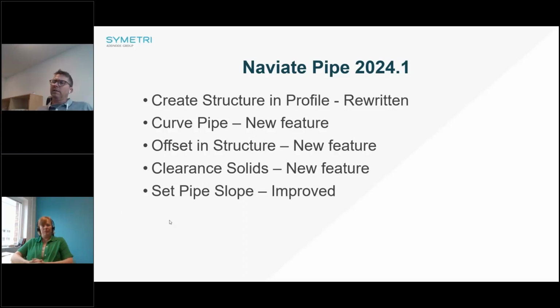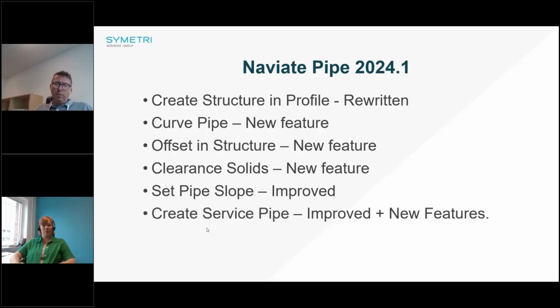I could say that some of these features that we're highlighting in this webinar actually were added in the 23.3 version, but we didn't have an open webinar about those, so we still show them today. The same goes for Create Service Pipe, where we've added some features and improved some features around that workflow. So as you see, it's a lot of pipe functionality in this version.